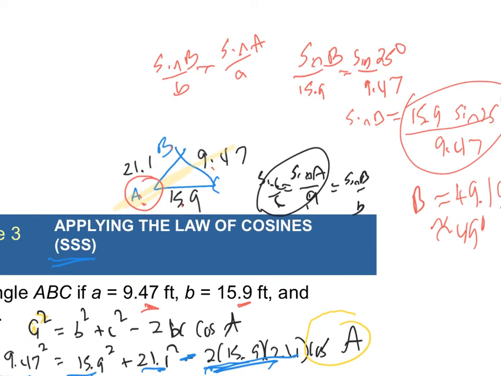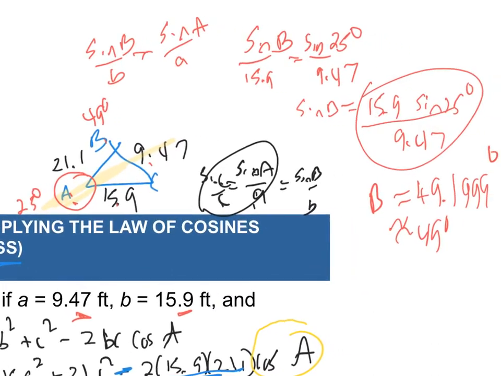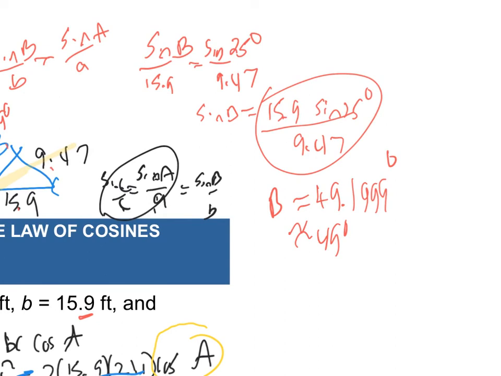So now I've got, this was 25, approximately. This is approximately 49. So I just looked at my calculator. It's 45. I don't know where I got 49. 45.199. 45. Okay.